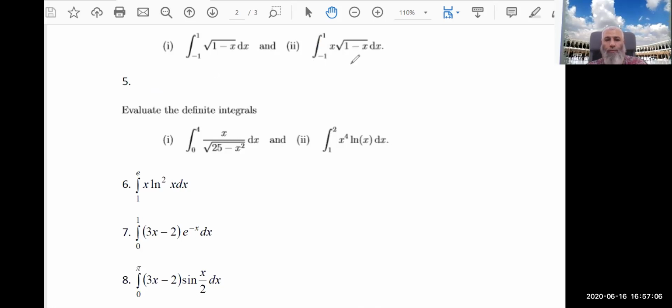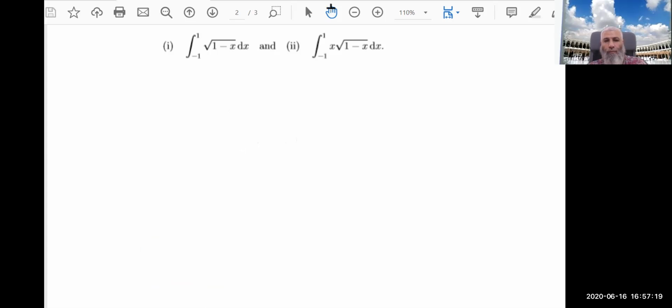This one. Here we can also do the same substitution because there is no other way.